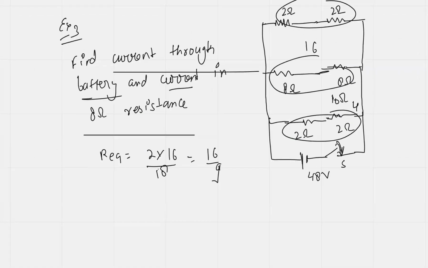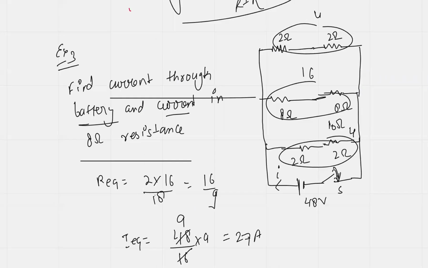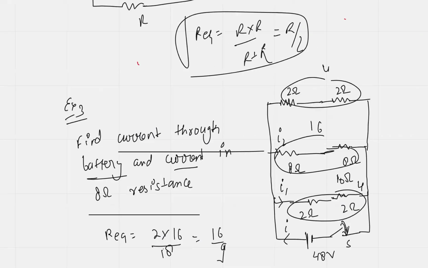So if I ask you for the equivalent current, you will say the total current from the battery should be potential divided by this. If you look at this, 27. Okay. So from here you are getting current I as 27. Now this I is getting divided into I1, I2, and this is I2.